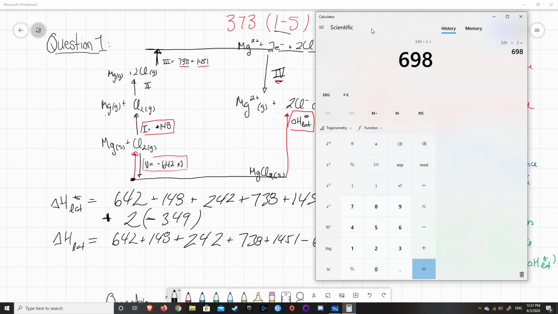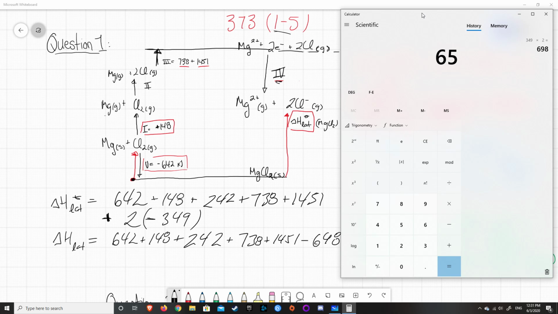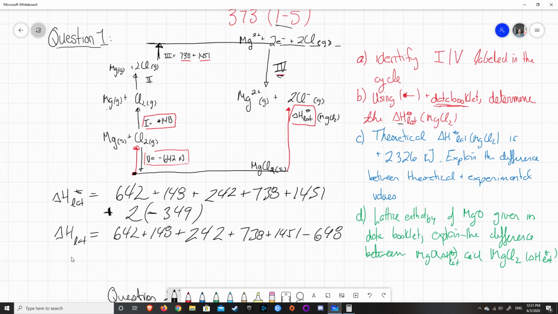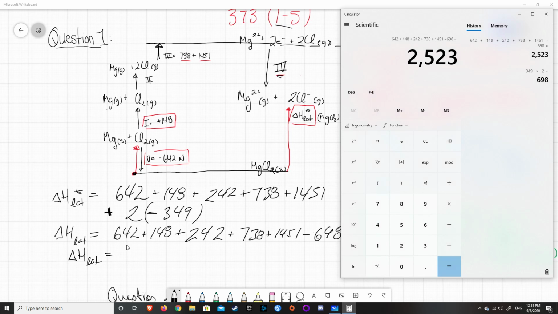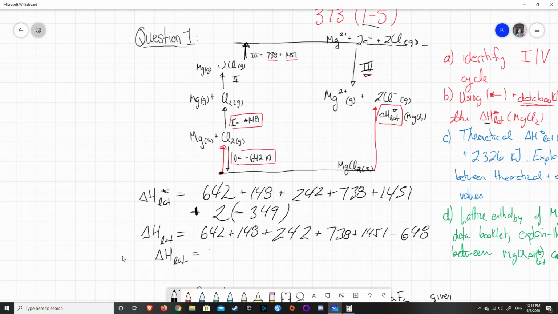So let's check what this gives us in the end. We've got 642 plus 148, 242, 738, 1451, minus 698. So our final value is 2,523. Our lattice enthalpy, delta H lattice, is equal to 2,523.